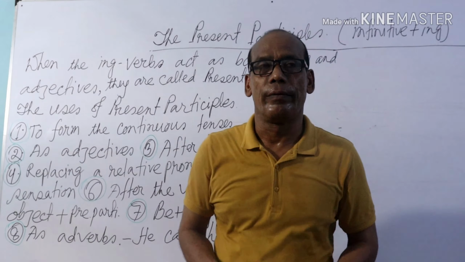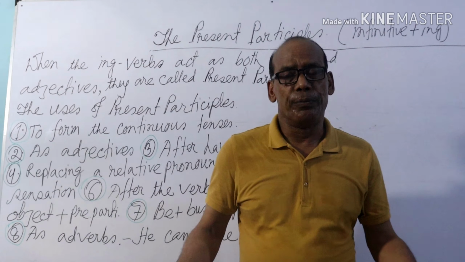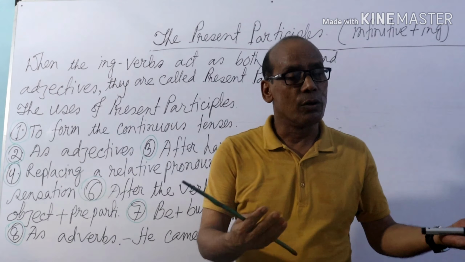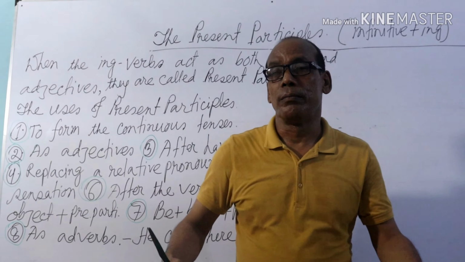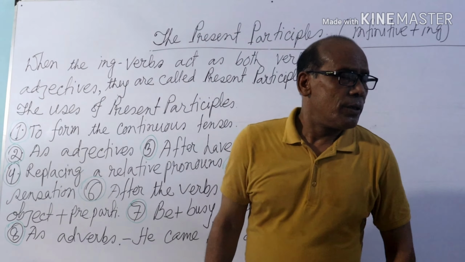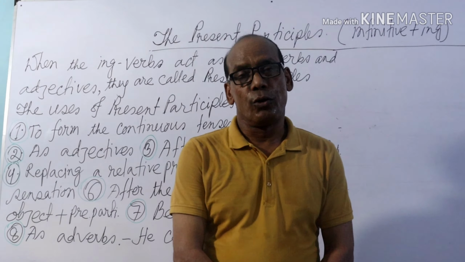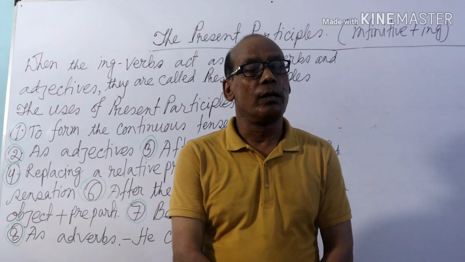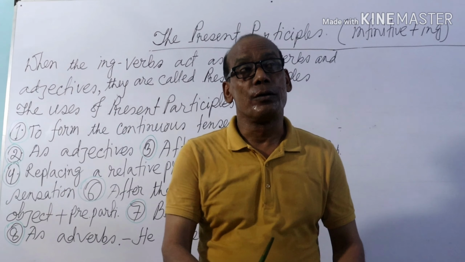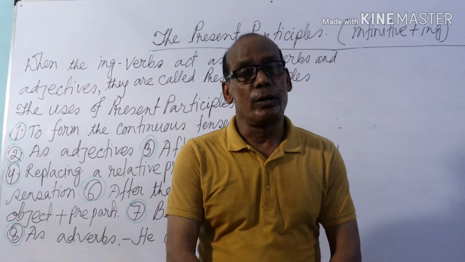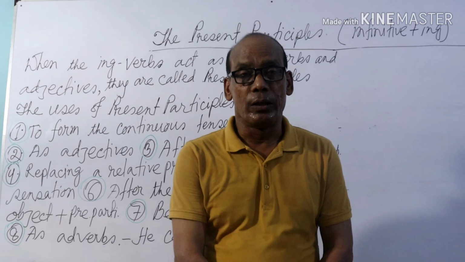But some people refer to perfect participle, or some may not. And so present participle I have already shown you with the examples, and past participle also is very important, and that also can be used in many ways.